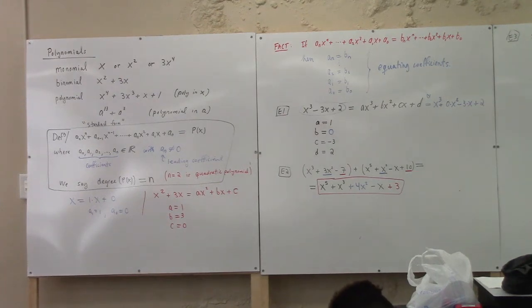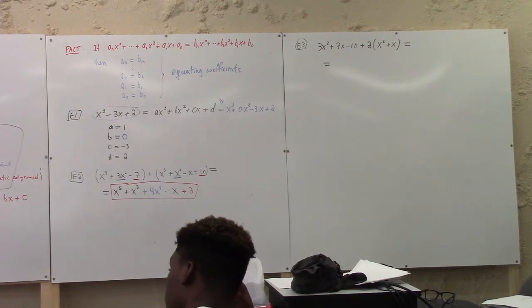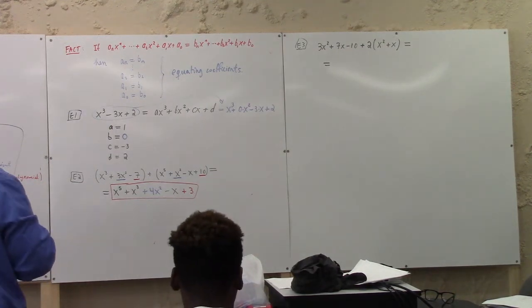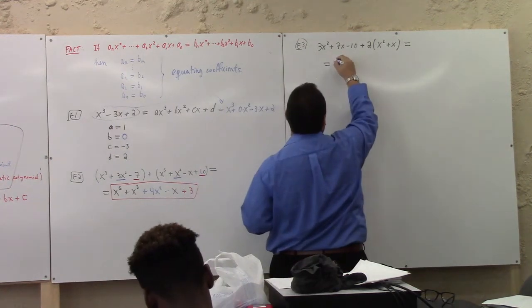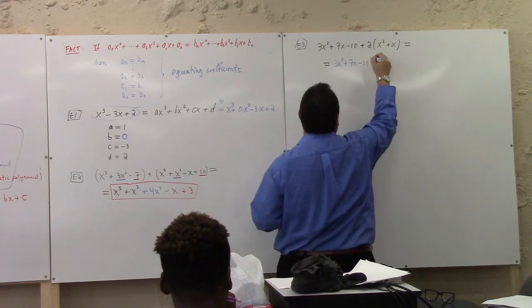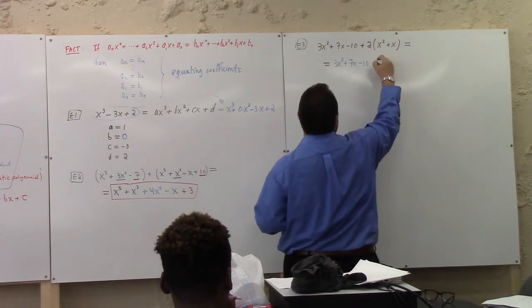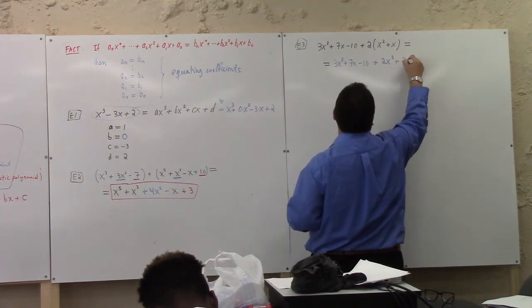All right, so how do you do 2 times a polynomial? How does that work? So I'm just going to copy this down again. This is 3x squared plus 7x minus 10. So how do I multiply 2 through? I go 2x squared plus 2x.